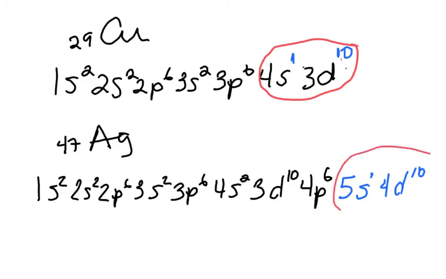Okay, so it does the same thing. It puts the 1 and the 10. Those are the only two that you have to know that are really weird.